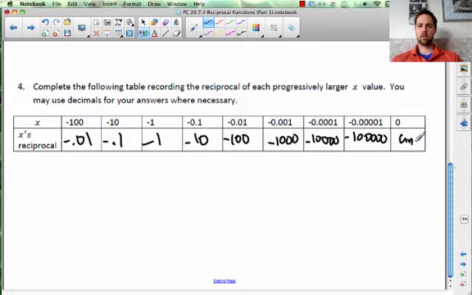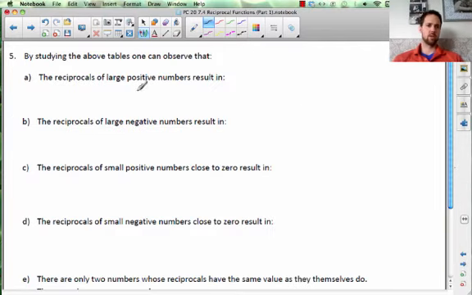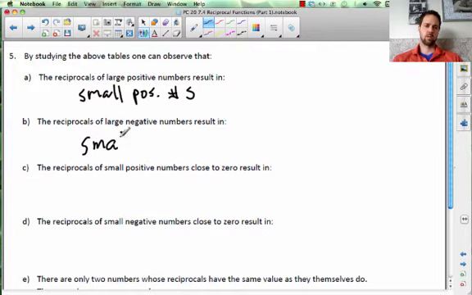And again, undefined. Can't divide by 0. So, the reciprocals of large positive numbers result in small positive numbers. Reciprocals of large negative numbers result in small negative numbers.